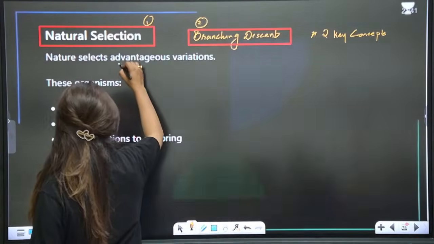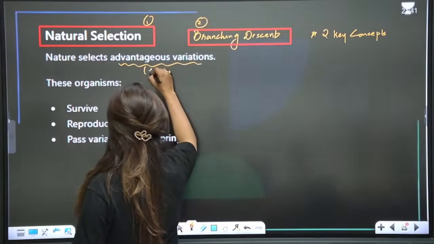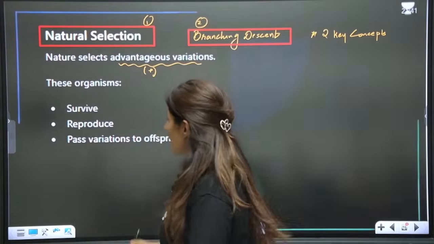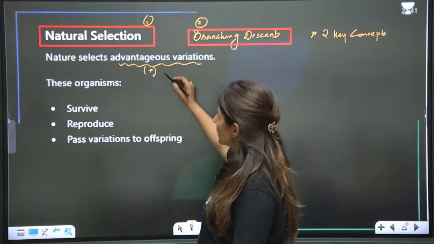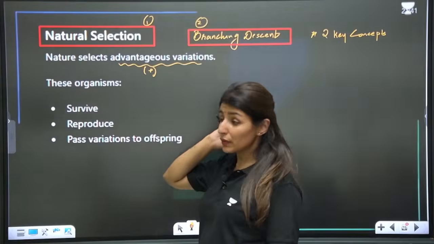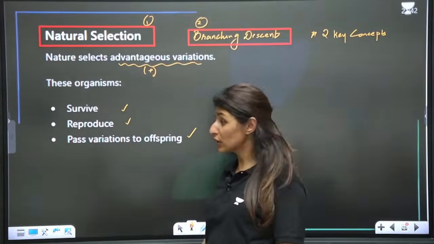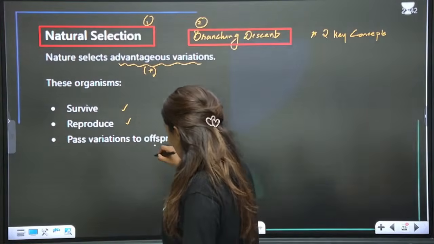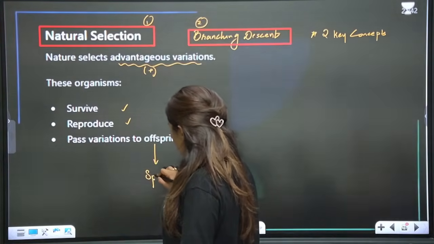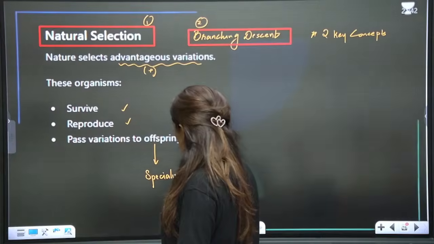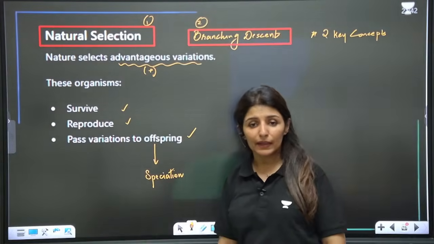It says that nature selects the advantageous, that means the positive or the useful variations, and eliminates the others. So the organisms showing the useful variations, they will survive, they will reproduce, and they will pass on these variations to the offspring, and this will eventually lead to formation of new species, that is speciation will occur gradually.